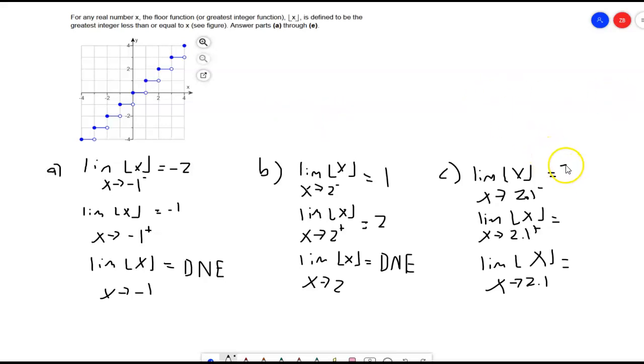So in this case, it's going to be 2 and 2, and then the limit does exist as x approaches 2.1, and that is going to be 2. And that would make sense because if you use the floor function to evaluate 2.1, the greatest integer that is less than or equal to 2.1 is in fact 2, right?